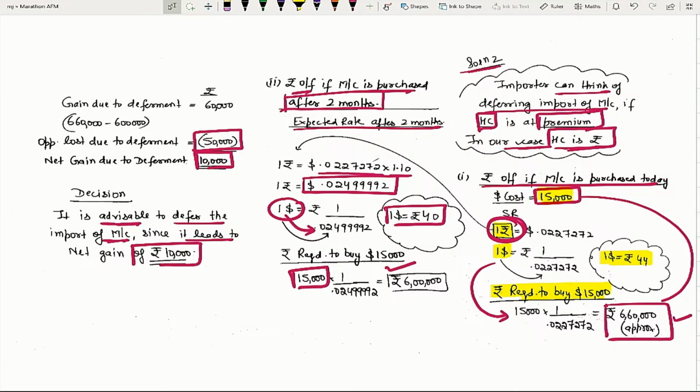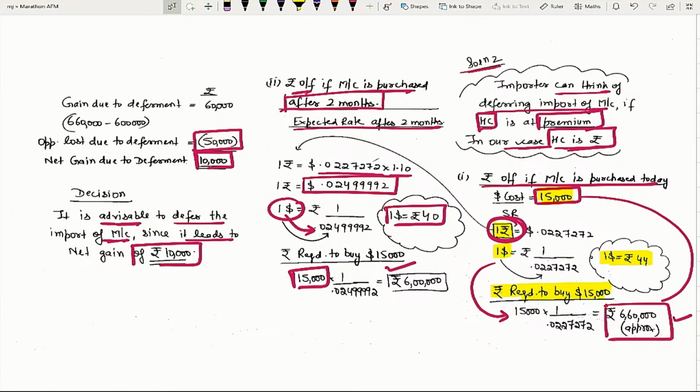Question number 2. Next would be on the hedging.